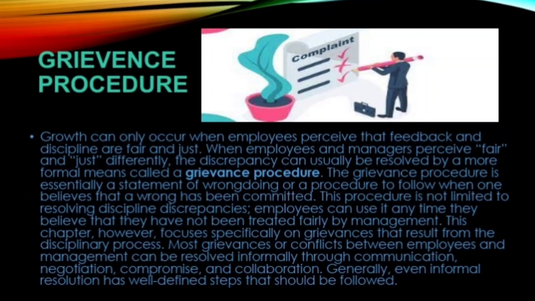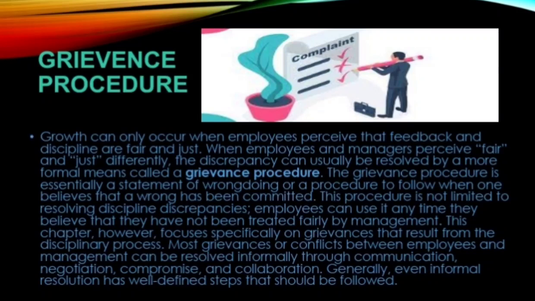Grievance procedure. Growth can only occur when employees perceive that feedback and discipline are fair and just. When employees and managers perceive fair and just differently, the discrepancy can usually be resolved by a more formal means called a grievance procedure. The grievance procedure is essentially a statement of a wrongdoing, or a procedure to follow when one believes that a wrong has been committed.